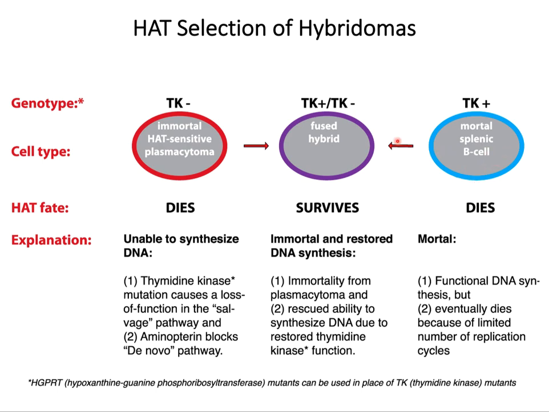In this way, the only B-cell myeloma fusion hybrids have the immortality of the myeloma cell and the genes that synthesize HGPRT or TK from the mortal B cells. The resultant fused hybrids are known as hybridomas, now become immortal and can use the alternative pathway to produce the nucleotide precursor.